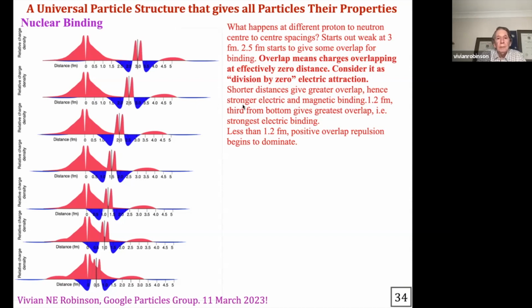The shorter distance also increases magnetic binding. And the closer you get, of course, the more the overlap, the stronger the binding, until you get to about 1.2 FM. That's about as strong as it gets. And now you've got two positive charges starting to overlap. By 1 FM, it's quite a strong overlap. At 0.5 FM, it's a huge overlap.